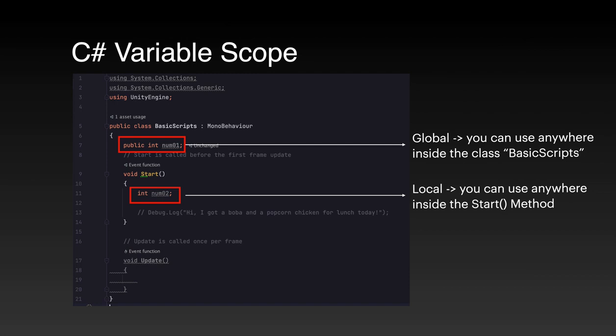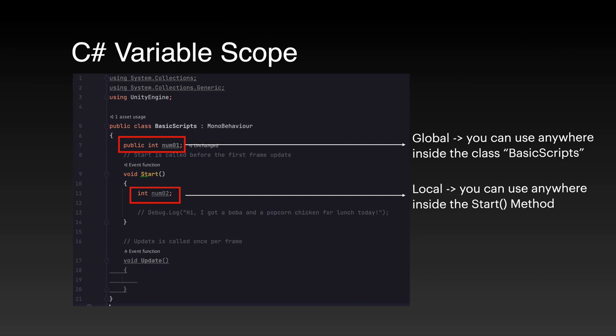Under the global level there are the methods, and if you have any integer inside a method, then it becomes local. Local means that it's only within that method. But global means that any method inside this class can use it.